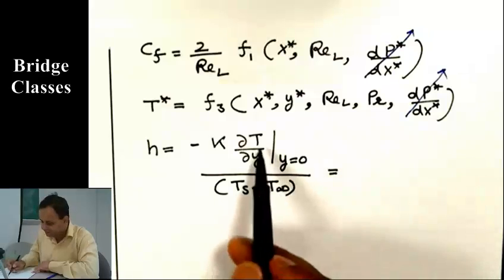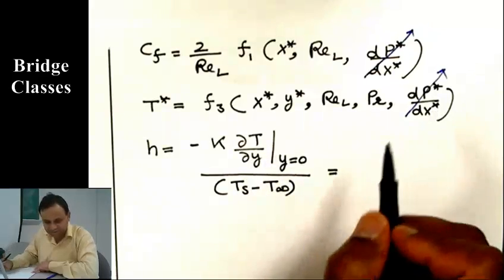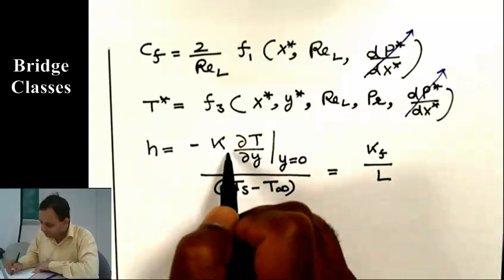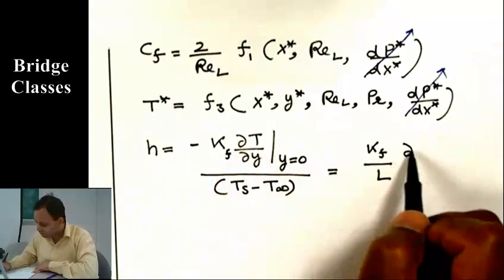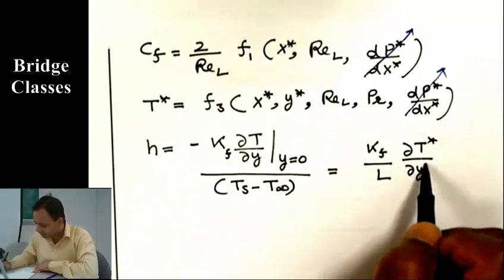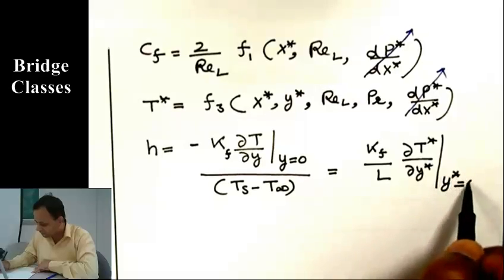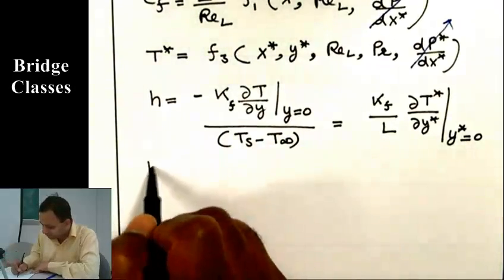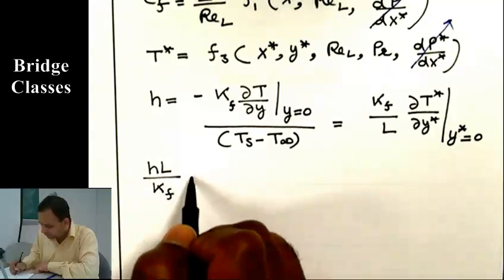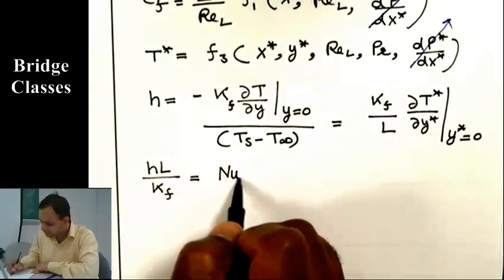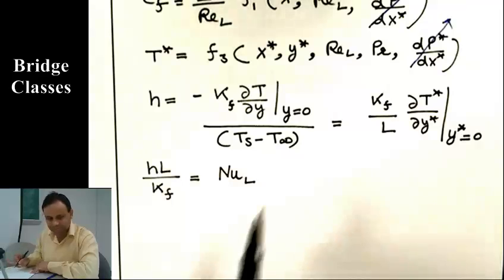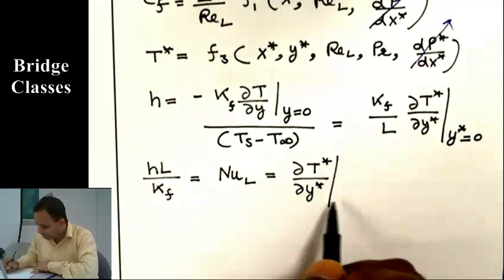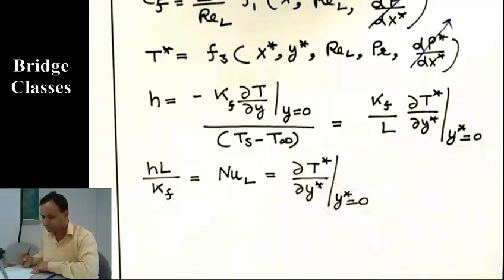You can write this in terms of T star and y star, and you will get this equals Kf, the thermal conductivity of the fluid, over L, times del T star over del y star at y star equals 0. Or you can rearrange these terms. You can write hL over Kf, which is the Nusselt number based on L, equals del T star over del y star at y star equals 0. We get this.